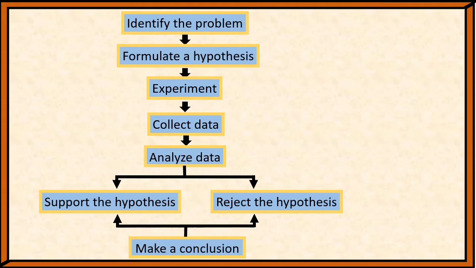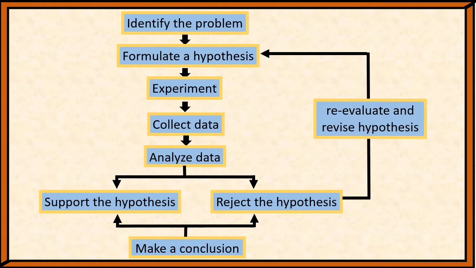Lastly is making a conclusion. If the experiment rejects your hypothesis, you may do reevaluation and revise the hypothesis. And then, you may do another experiment and follow the steps.